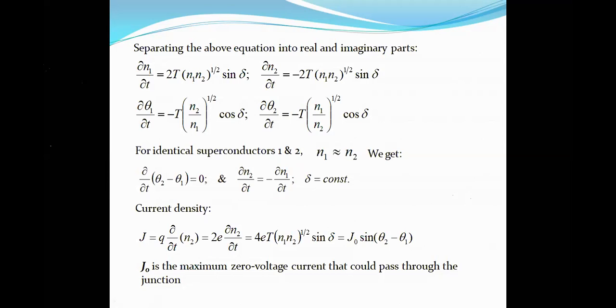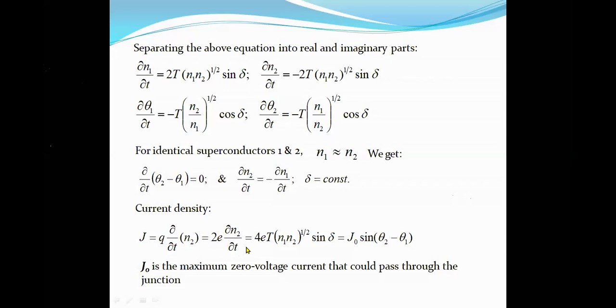And so now, current density. From the definition of the current density, this is what is employed here: charge multiplied by the rate of change of particle density. So Q is 2e, because a Cooper pair has a charge of 2e, dn2 upon dt.